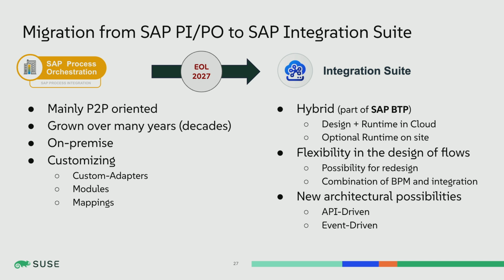It's on-premise, and there is also a lot of customizing in the system. All of this has to go to the Integration Suite, which is in the cloud. And there we have another approach for integrating interfaces. It's a different pattern and approach for integrations.